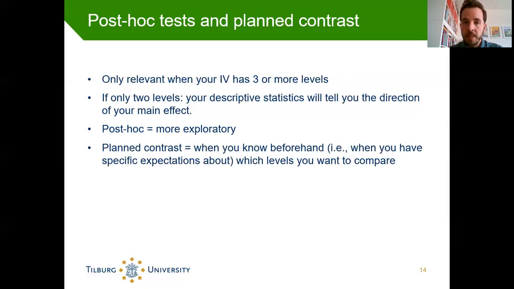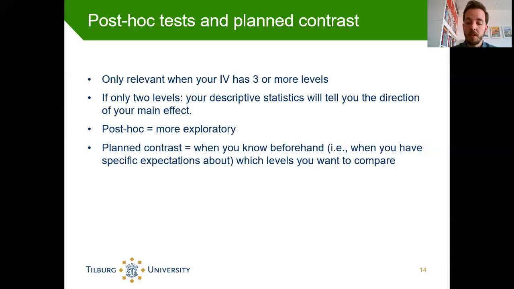If you know beforehand that you're only interested, for instance, in comparing group 1 to group 2 and group 2 to group 3, but not necessarily comparing group 1 to group 3, then what you can do is so-called planned contrasts. And in this case, you only compare a couple of different levels, so only the levels that you specify yourself. So not all the possible combinations are being tested.